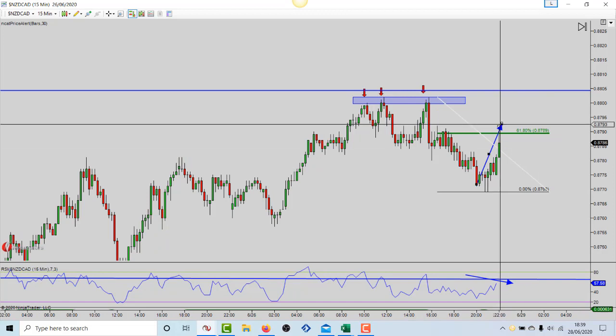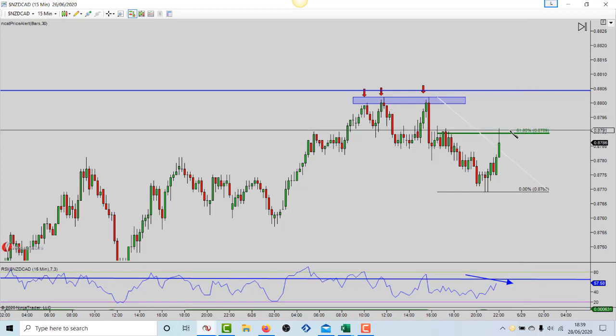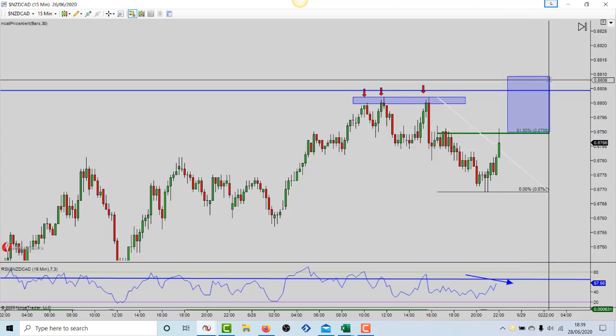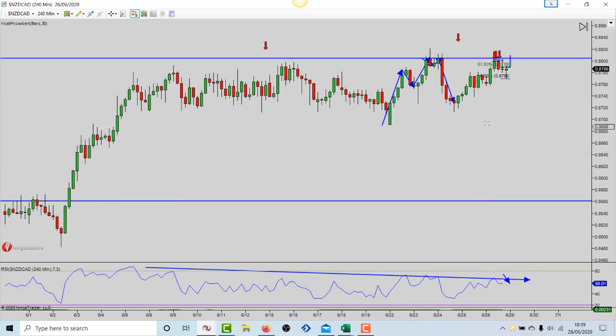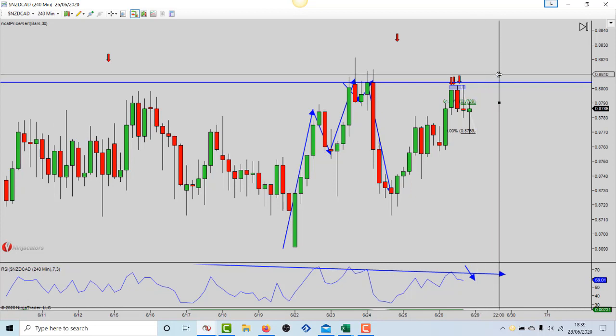Oh my God, we've already hit the 61.8 fib. Look at that. Okay, this could be an at market sell. Let's just say it's here. That would be your risk. Go down to the 240. Let me just make this wider, guys.